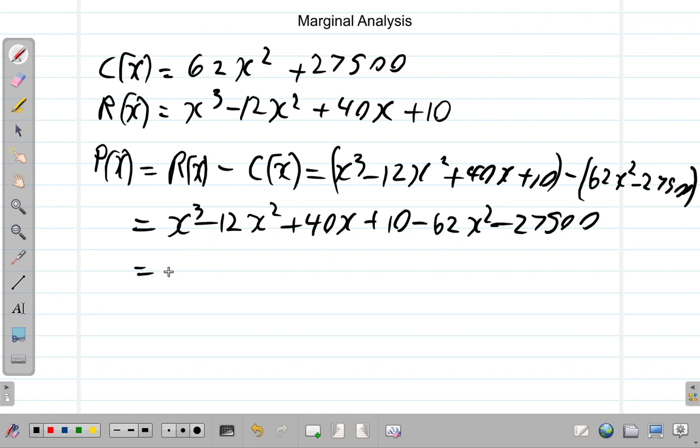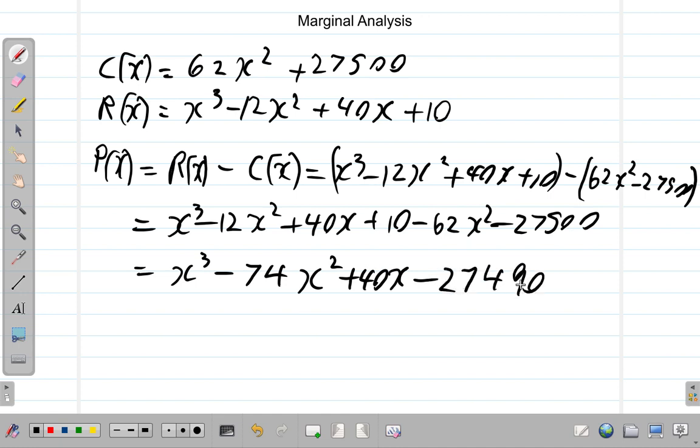So you have only one x cubed here, so it's x cubed, minus 12 minus 62 will give you a negative 74x squared, 40x, and 10 minus 27,500, that will be negative 27,490.